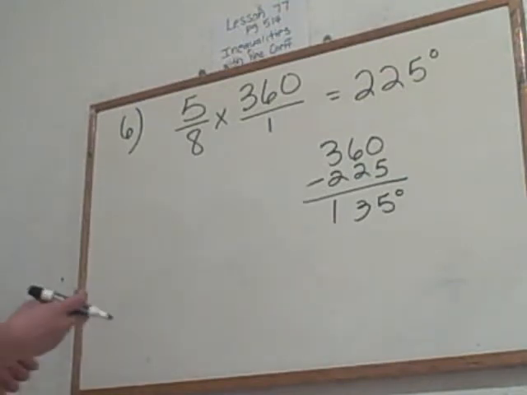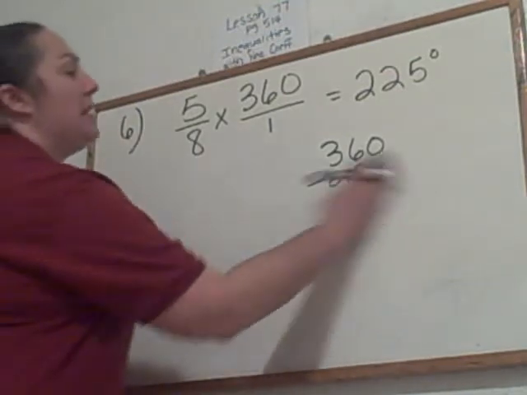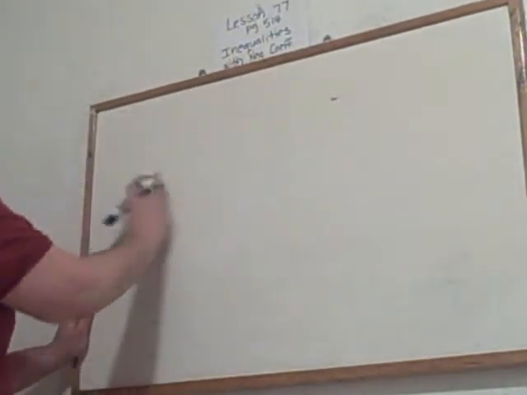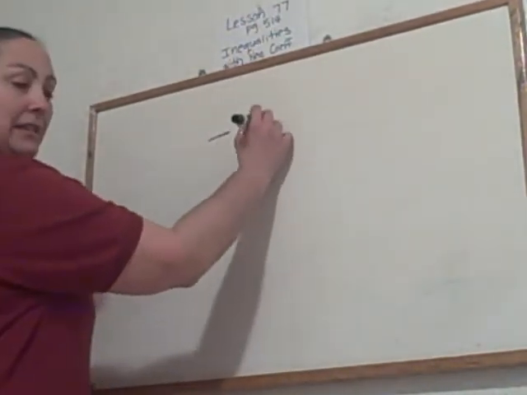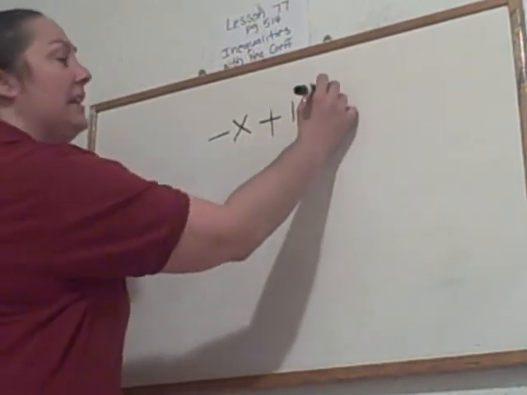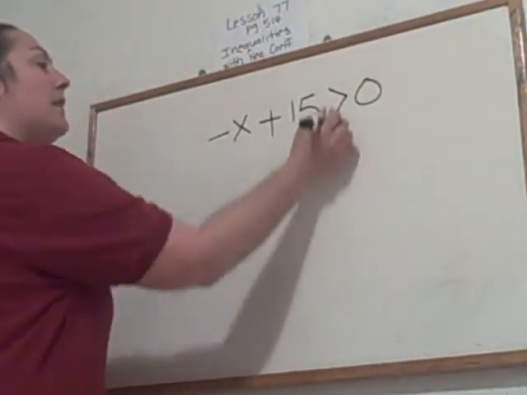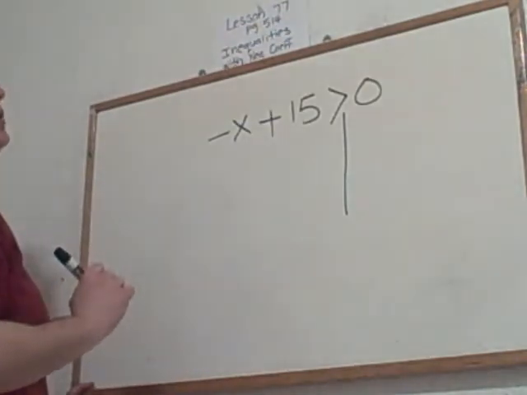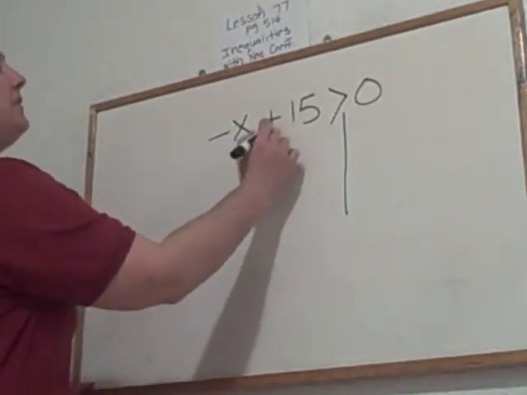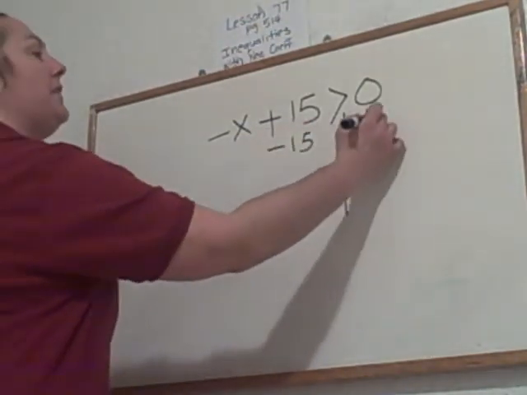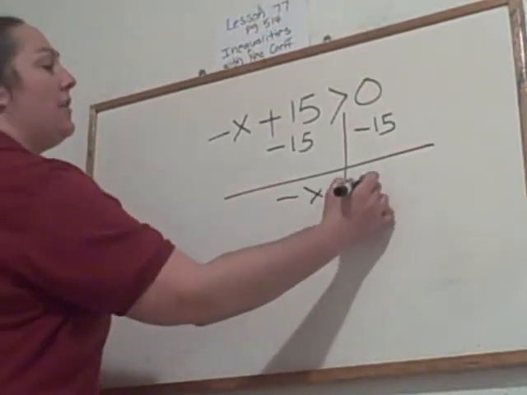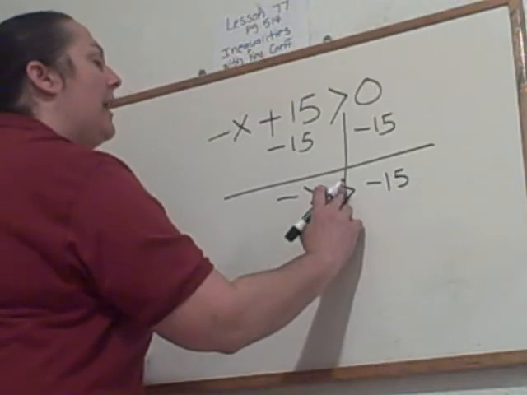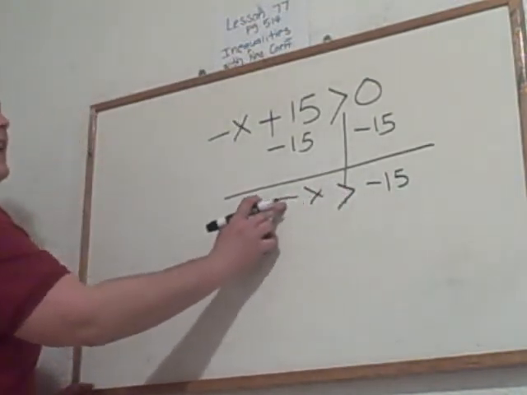Looking next at problem number 7, problem number 7 presents an inequality for us to solve, which is negative x plus 15 is greater than 0. Splitting it at the inequality symbol, I would move the positive 15 by subtracting 15 from both sides. I would have negative x is greater than negative 15. And I'm not done because this is a negative x.